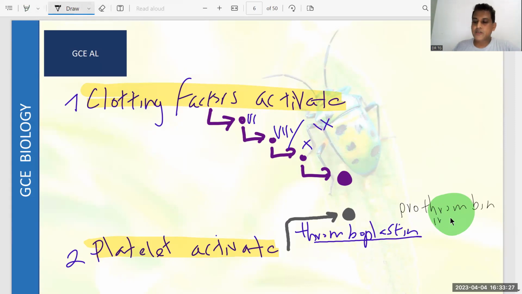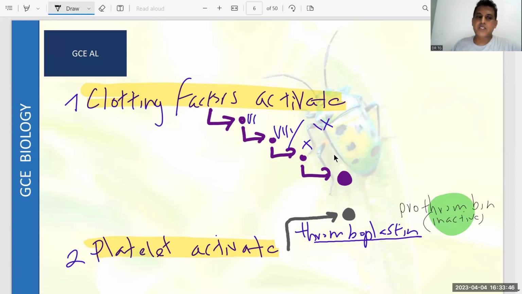Prothrombin is inactive. So it has no harm, no effect, no influence on other molecules. It just stays, nothing will happen.